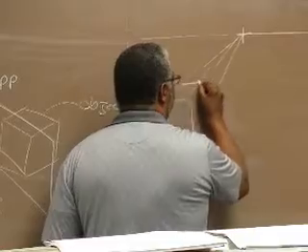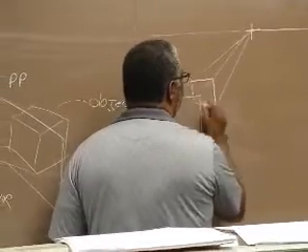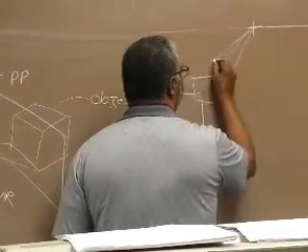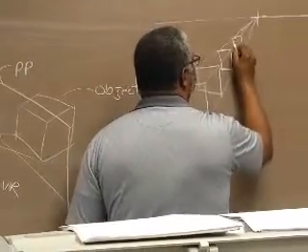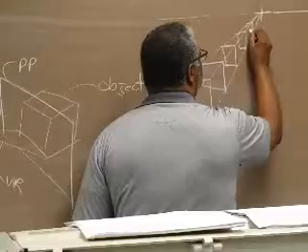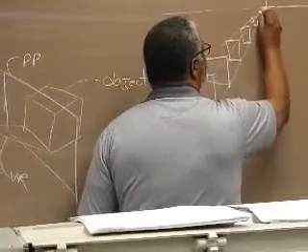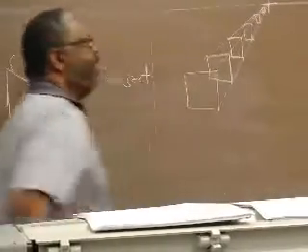So the object will get smaller and smaller the further it gets back, until at some point it vanishes and you can't see it anymore.